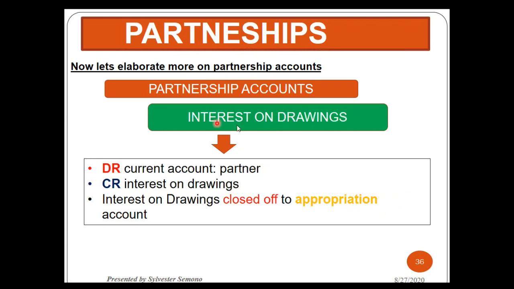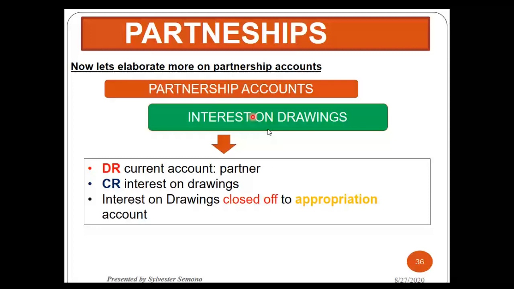Interest on drawings. What do we mean by the interest on drawings? Remember I said sometimes the partners take something from the business. So those partners, the interest because they took drawings. So the interest on drawings will always be an income to the business.